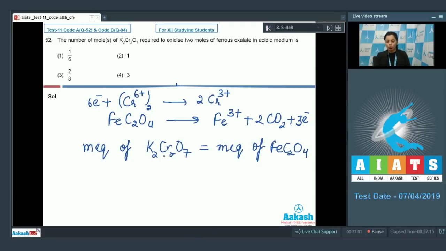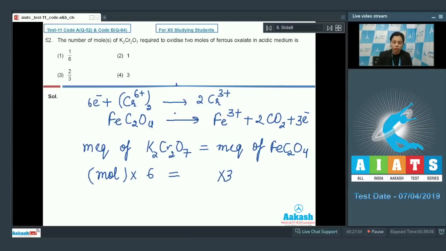These two should be equal. What would be the milli equivalents of potassium dichromate? These are the moles of potassium dichromate multiplied by its N factor, that is 6. That should be equal to moles of ferrous oxalate multiplied by its N factor. Its N factor is 3.